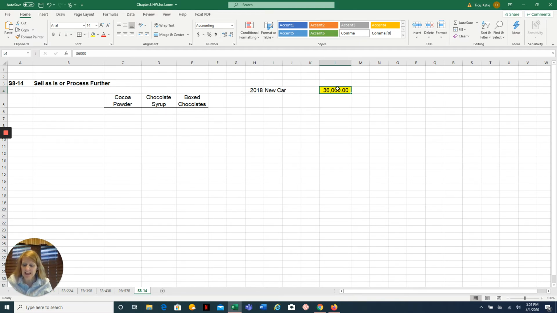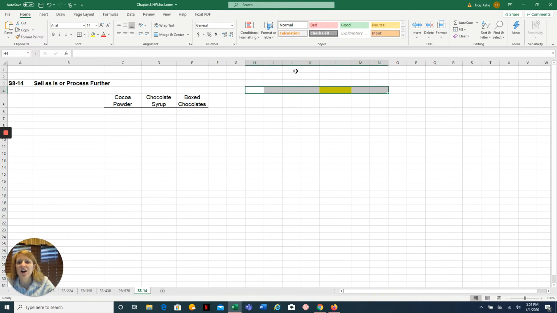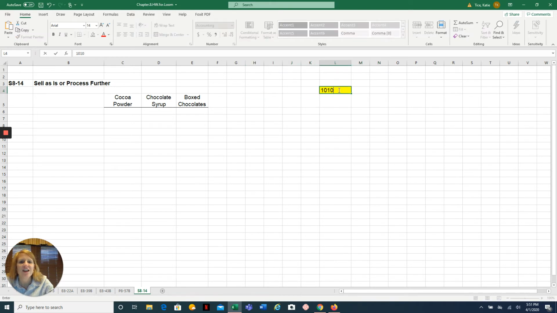So in S8-14, again, this is on page 482 of your textbook, this is a company that processes cocoa beans into cocoa powder at a processing cost of $10,100 per batch. In this problem, that $10,100 is a sunk cost, so we're actually going to ignore that.